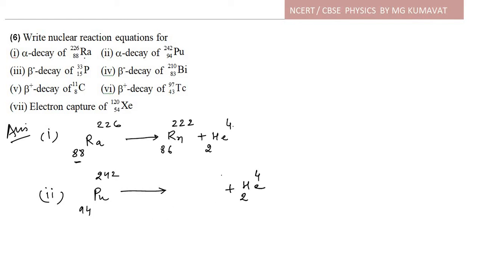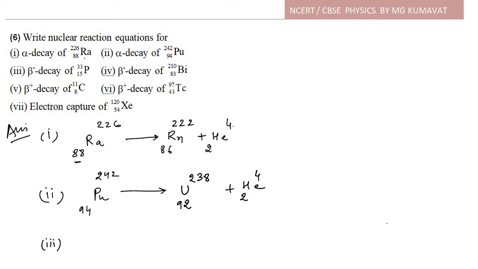So when an alpha particle is emitted from plutonium, its atomic number decreases by 2 and atomic mass decreases by 4, so it will be 238. The element with atomic number 92 is uranium. So it changes to uranium. Number 3.